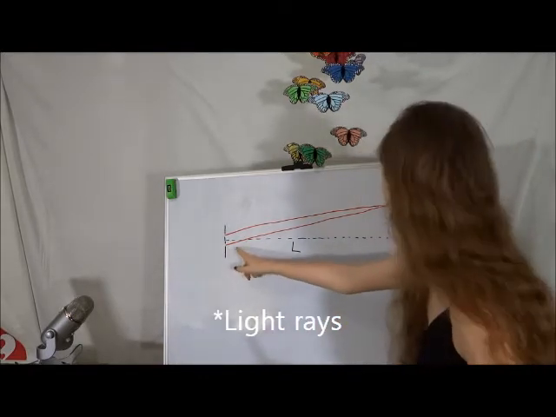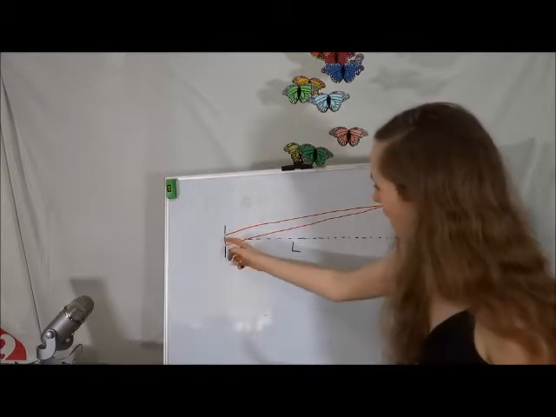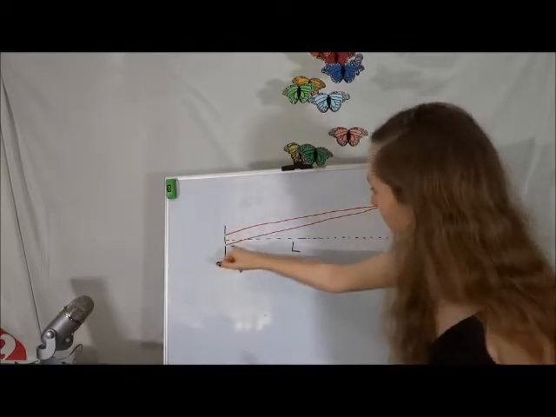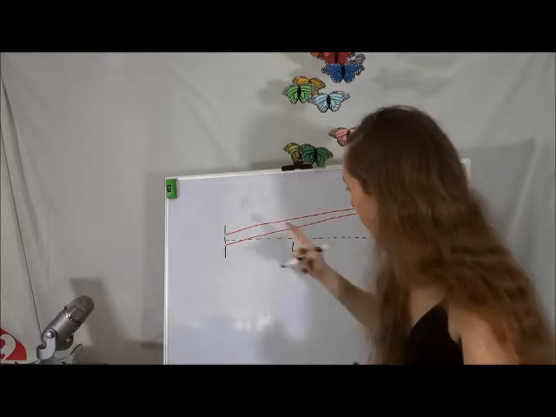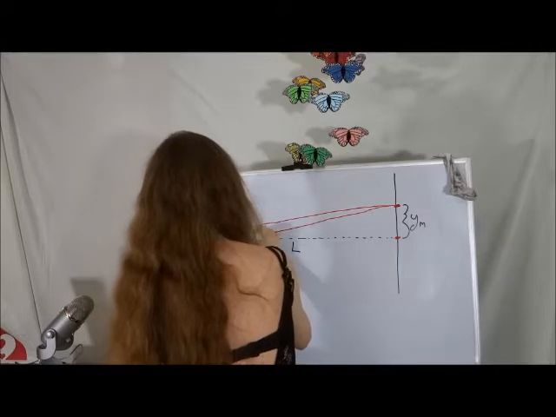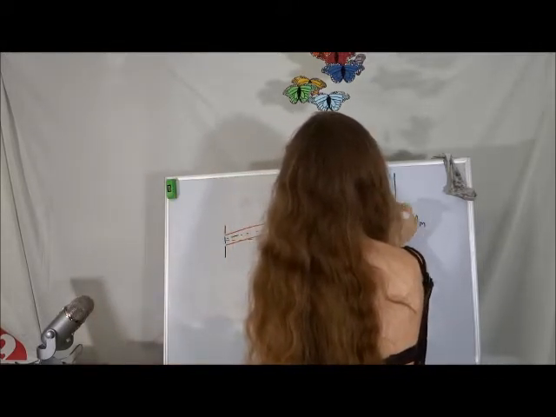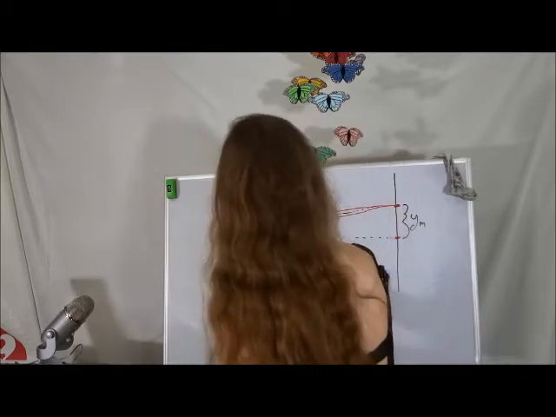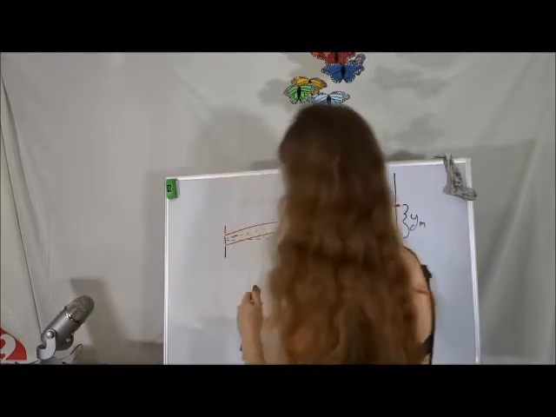And you can see that the light from this beam is going to have to travel a little bit farther because this line's a little bit longer than this one. Now I'm just going to draw a line going through the center here, and we're going to call this angle theta sub m.